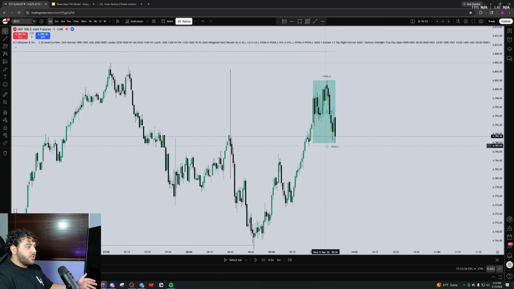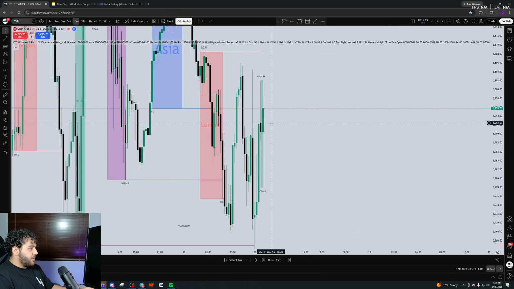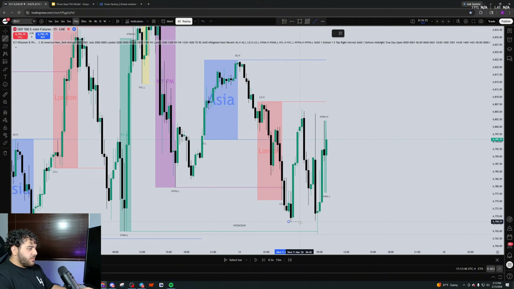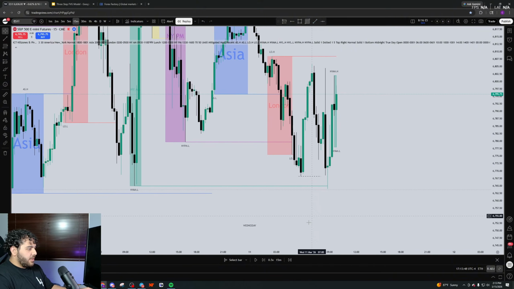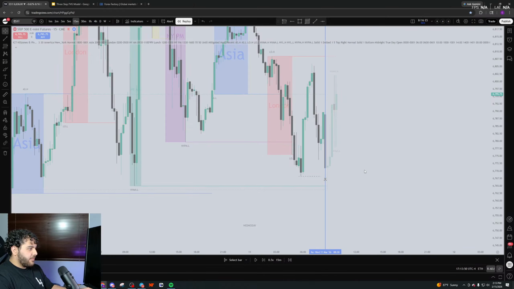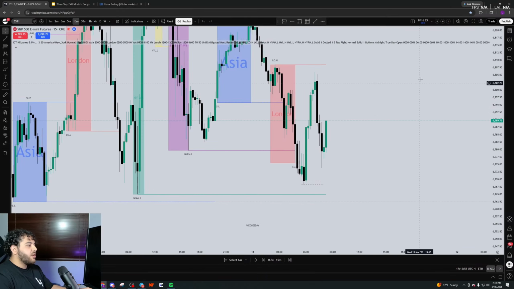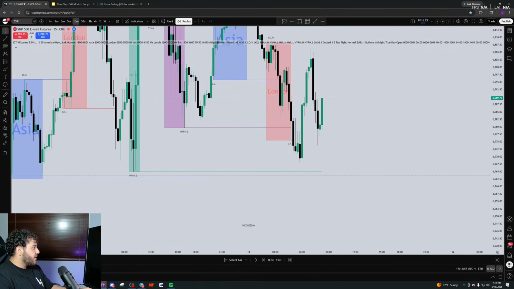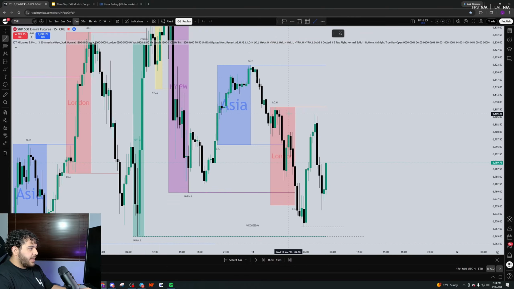Going over to our trade, which this was in fact a trade that we took, let me go over to the higher time frame. So initially, we come down and we take out this liquidity. Now, what happens if we're looking at the chart and the chart looks like this and we don't know where price is going, right? Because we have lows down here and then we also have highs up here.